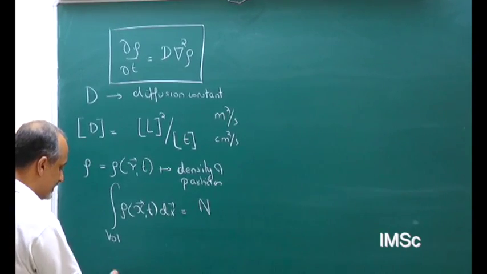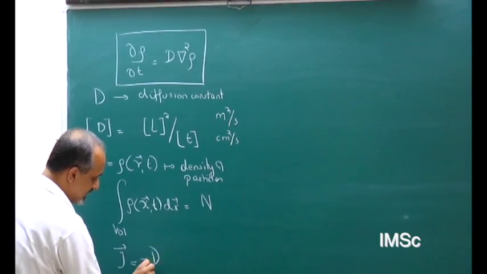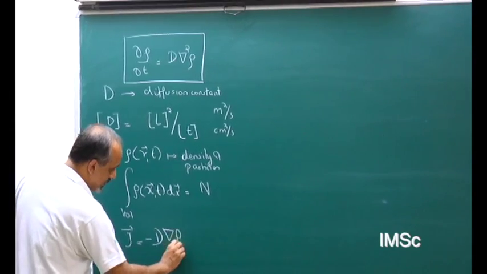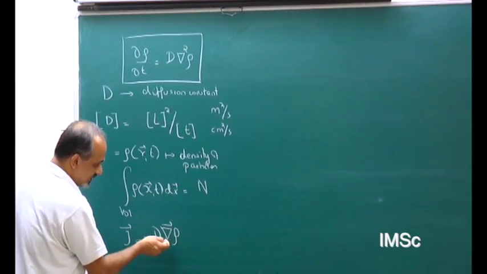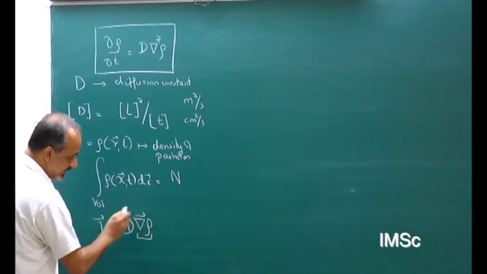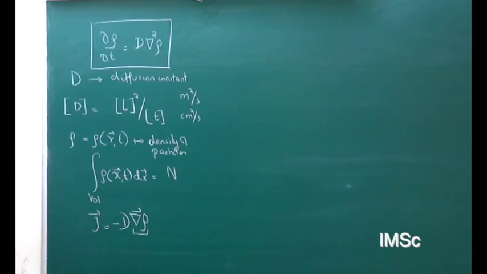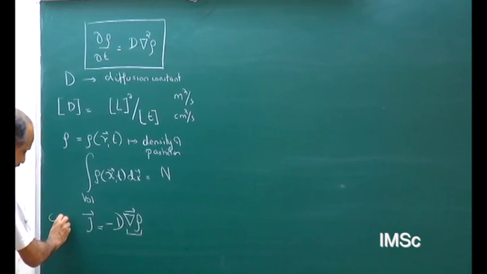We said, let us introduce a quantity j, which is minus D times the gradient of ρ. So the gradient of ρ yields a vector. This is a scalar, but applying the gradient operator yields a vector. This is another vector on the left hand side. And this is a current, a particle current.